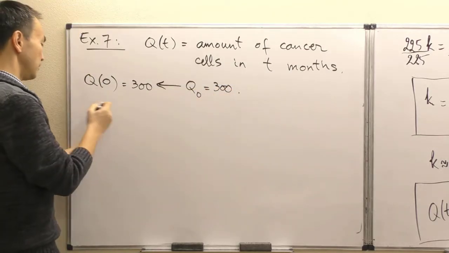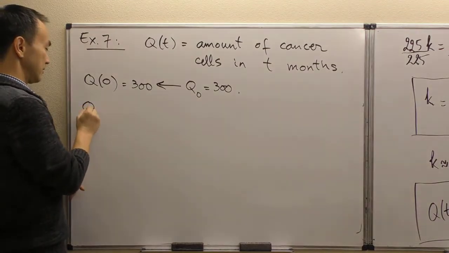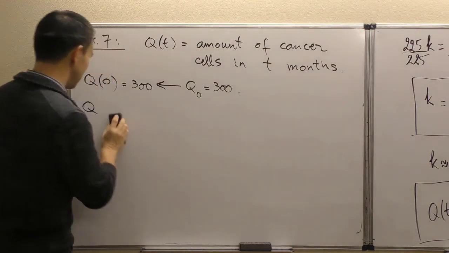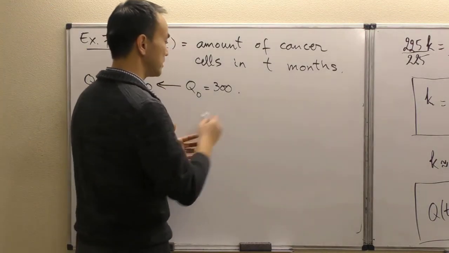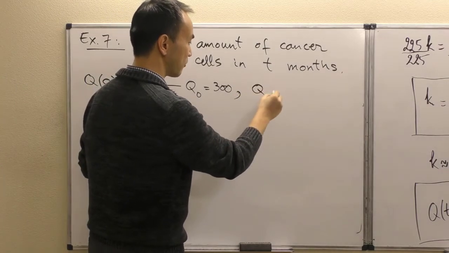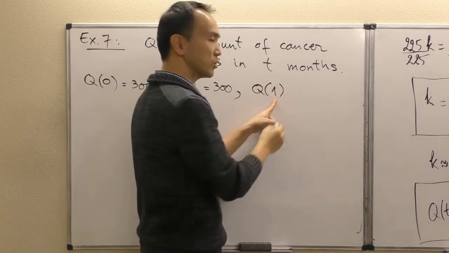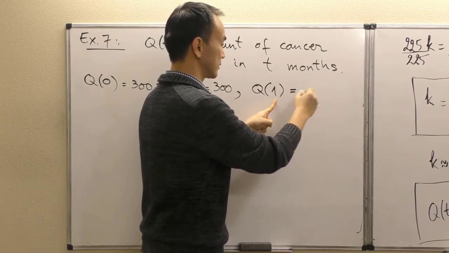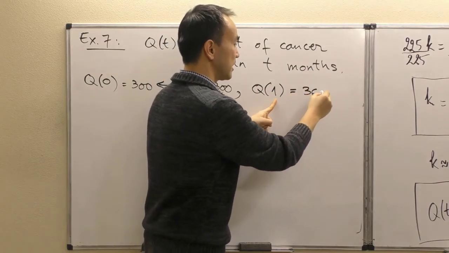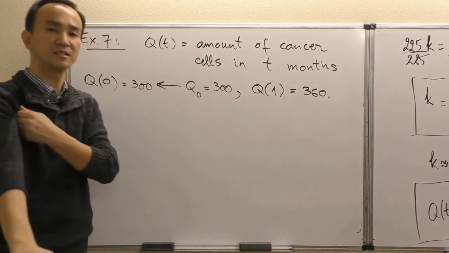Allow me to write it down briefly. The other piece of information we have is Q when t equals 1 equals 360. That's how it should be understood.